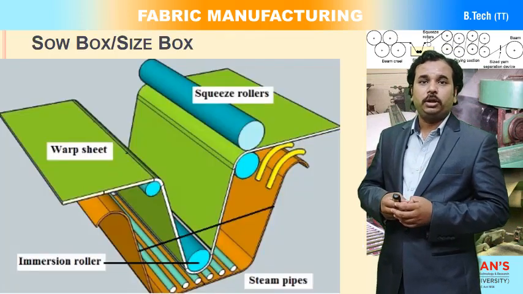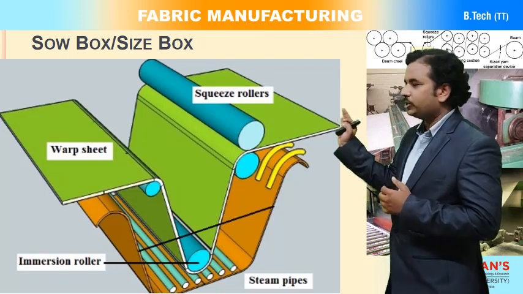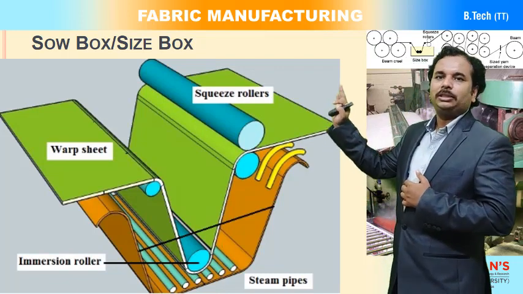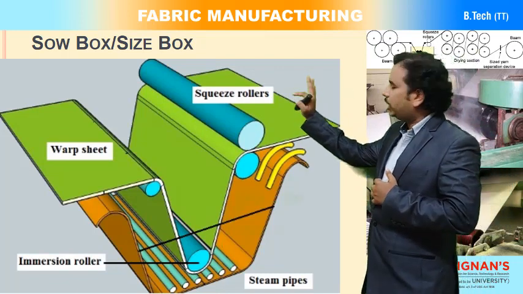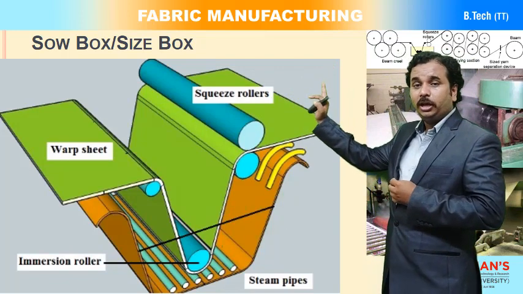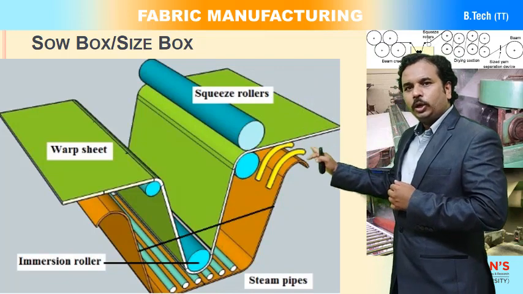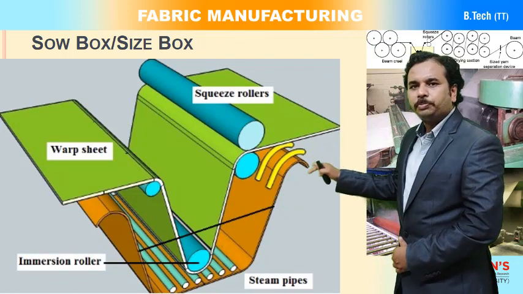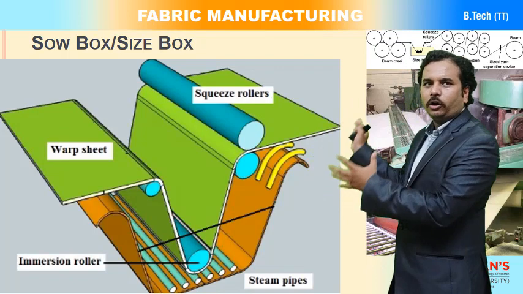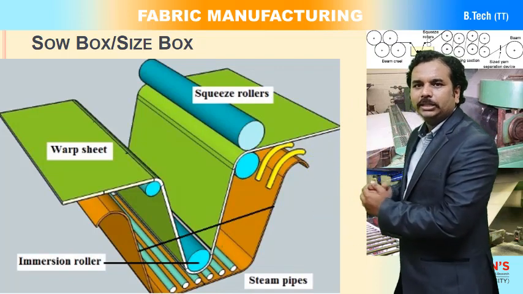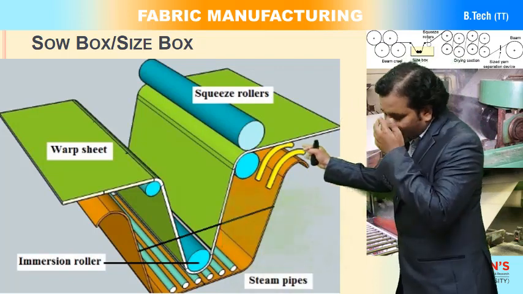Now we'll go into the next zone, that is the size box zone. You can see the image consisting of the warp sheet coming from the creel zone, and it is passed into the trough of size paste, where the bath has the immersion roller.